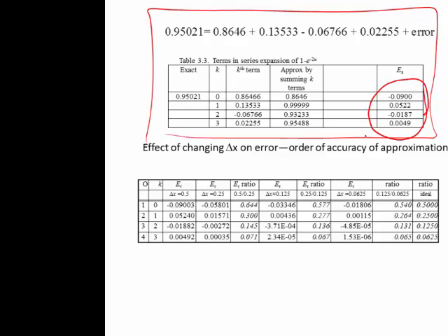So this column I've brought over here and reproduced it right there. This column is K in the Taylor series, and this is the order of the approximation in delta x. So for each one of these terms, I'm going to have error terms that are proportional to delta x, and this is the exponent in delta x. All right, so that I think explains the first three columns.